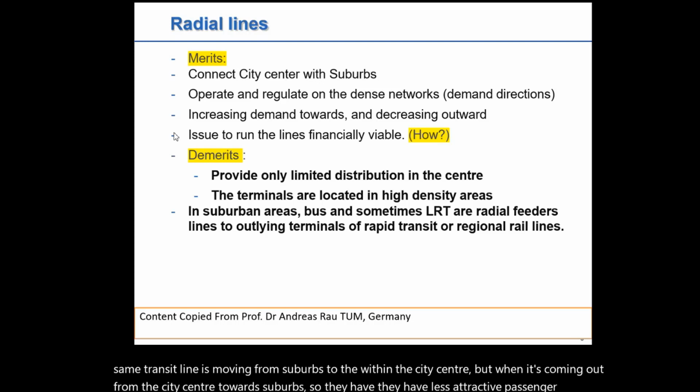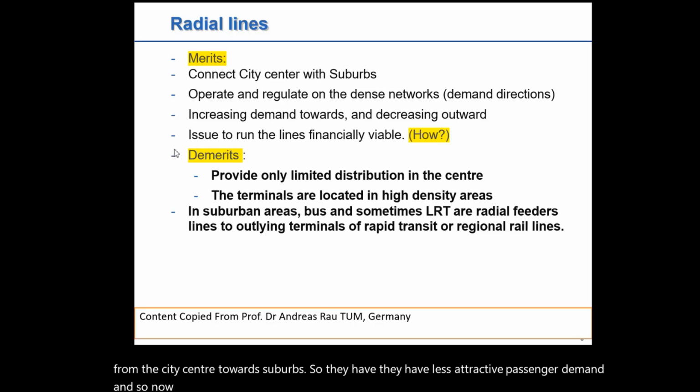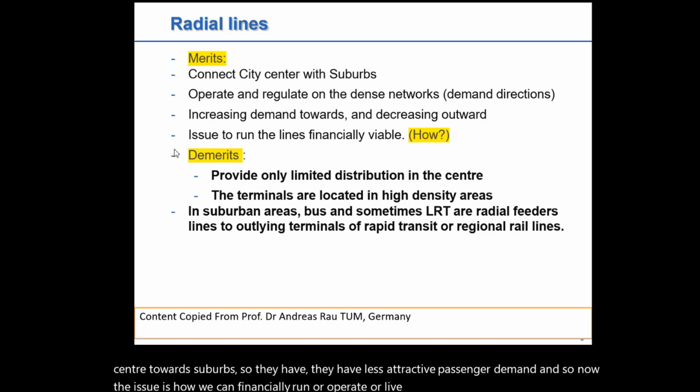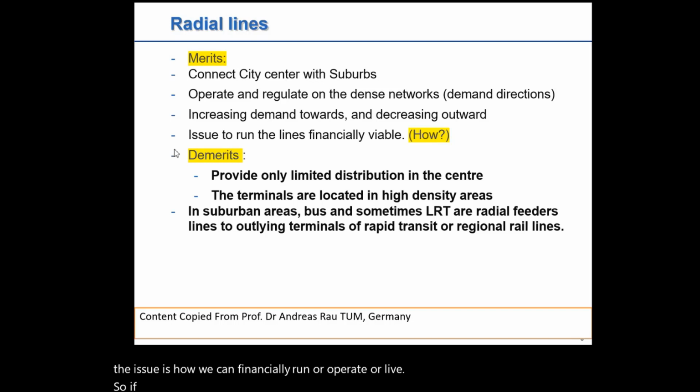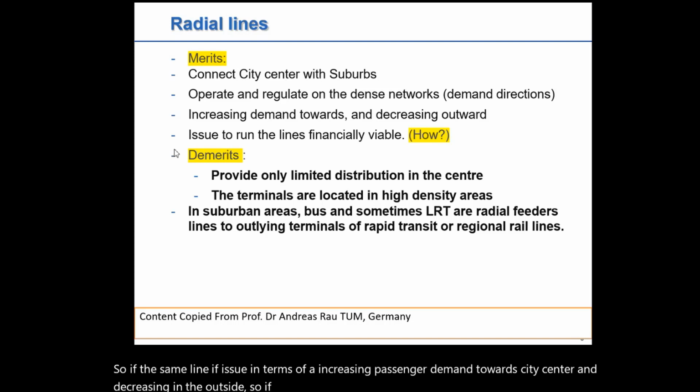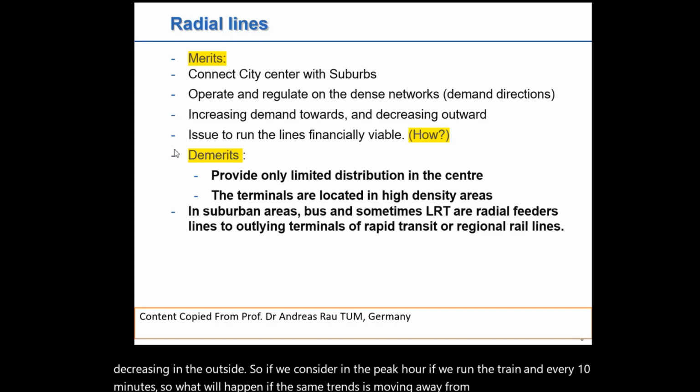Now the issue is how we can financially run or operate our lines. If the same line has increasing passenger demand towards the city center and decreasing demand outside, and if in the peak hour we run a train every 10 minutes, what will happen when the trains are moving away from the city center?